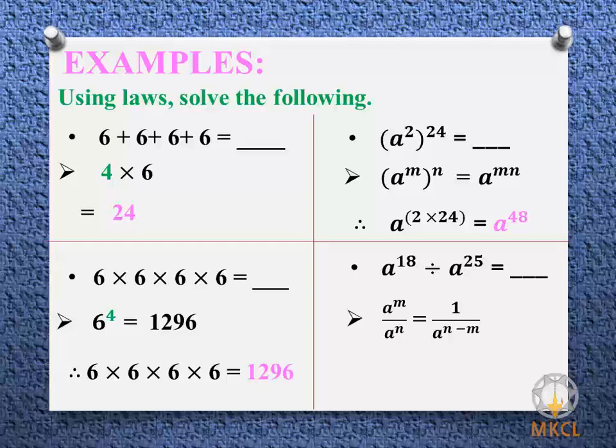Here m is equal to 18 and n is equal to 25. Substituting the values, we got 1 upon a raised to 25 minus 18 is equal to 1 upon a raised to 7. So a raised to 18 divided by a raised to 25 is equal to 1 upon a raised to 7.